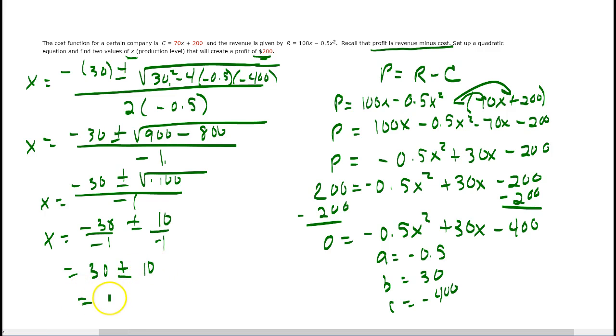So it looks like I have 30 plus 10, which is 40, or 30 minus 10, which is 20. So the two values of x need to be 20 or 40 in order to have a profit of $200.